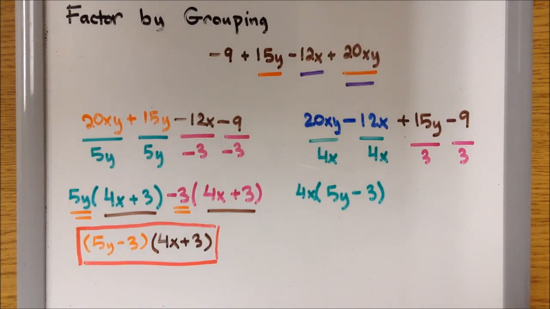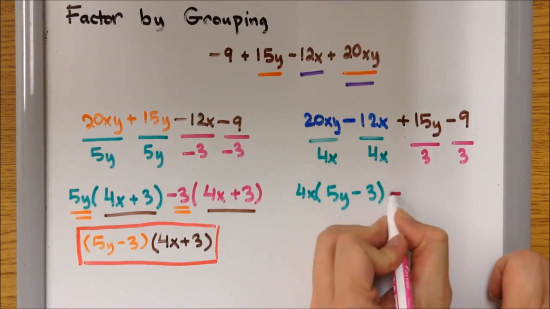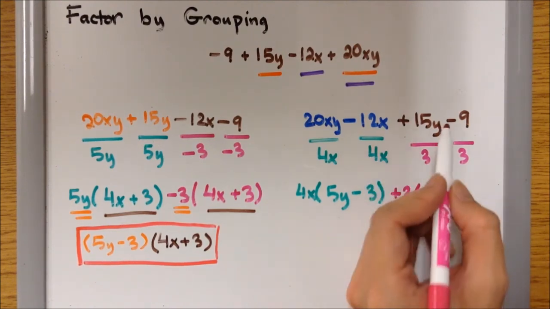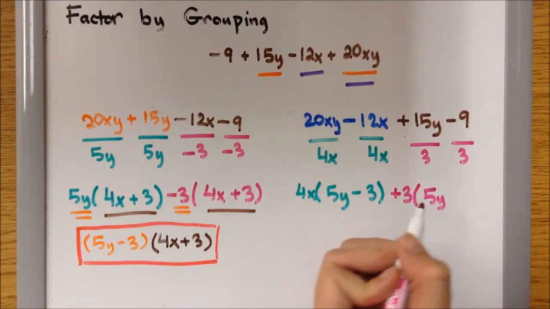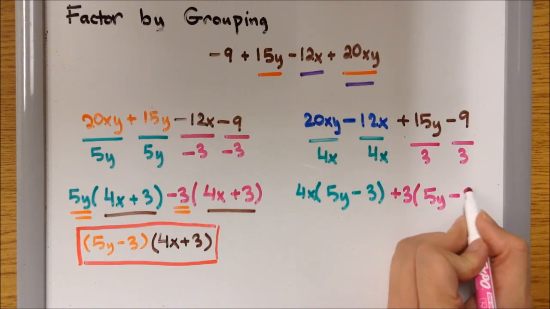Close parenthesis. And then on the right side, our greatest common factor is positive 3, so I'm just going to write plus 3, and then open parenthesis, 15y divided by 3 will be 5y, and then negative 9 divided by positive 3 will become negative 3.